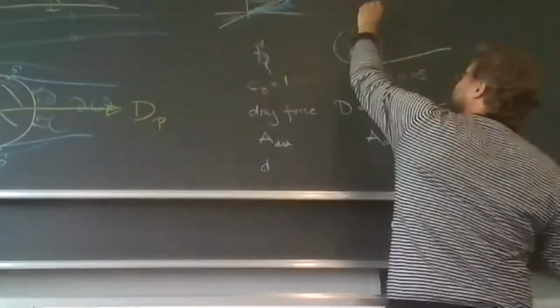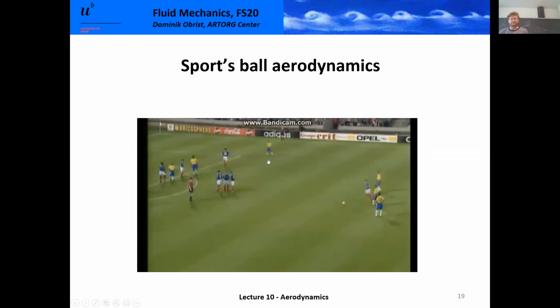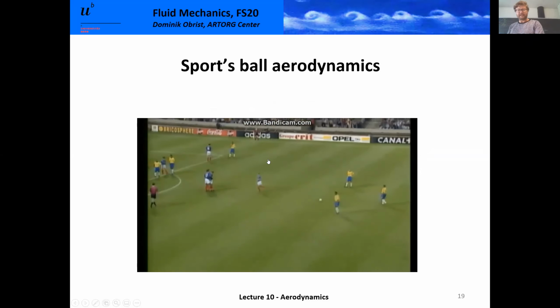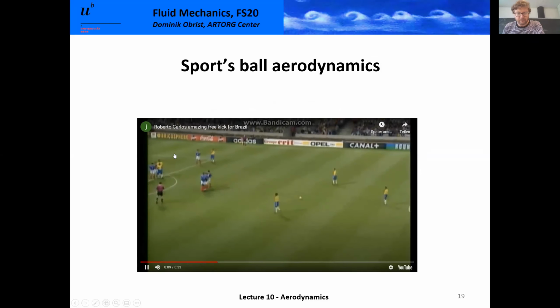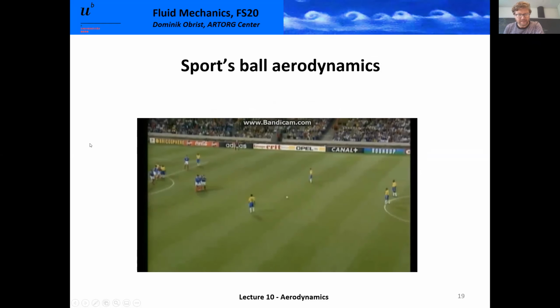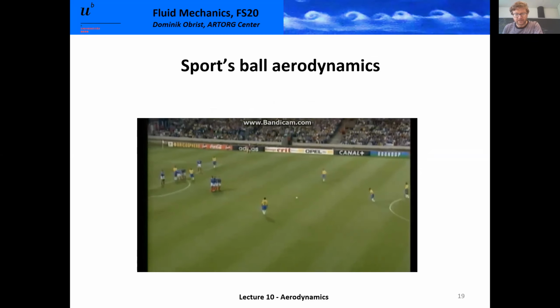Okay, so let's move on and look specifically at applications of what we have learned so far. Sports ball aerodynamics. I'm sure all of you have seen at one point plays like these. This is, I think, from a World Cup final, Brazil against France many years ago.